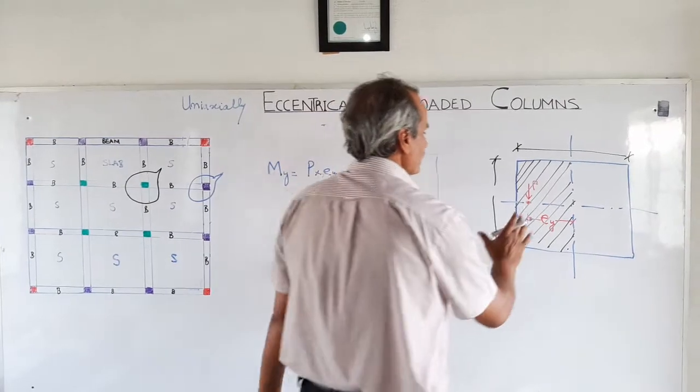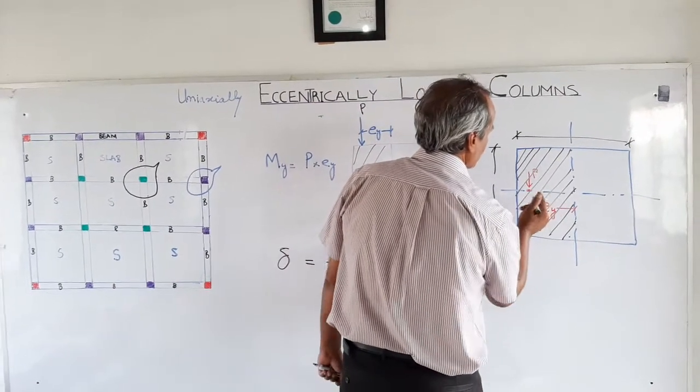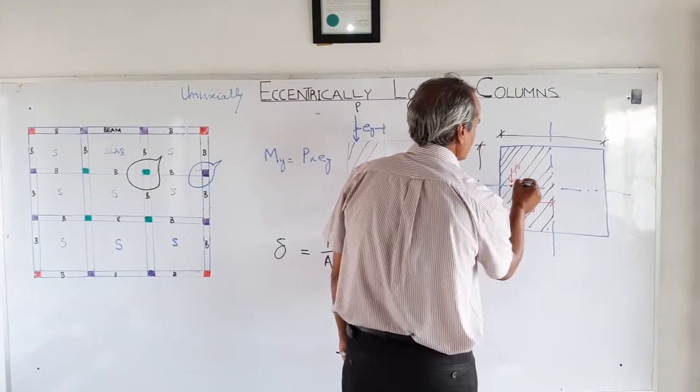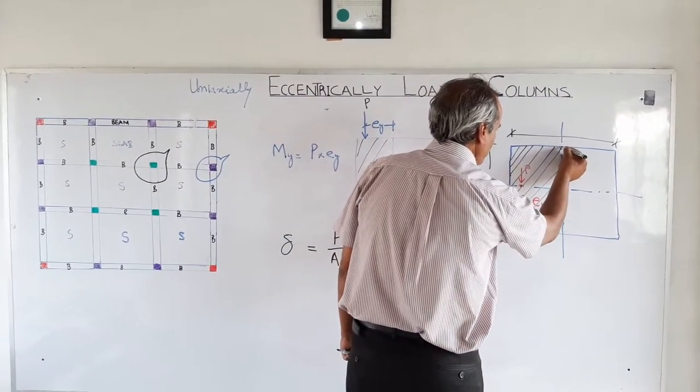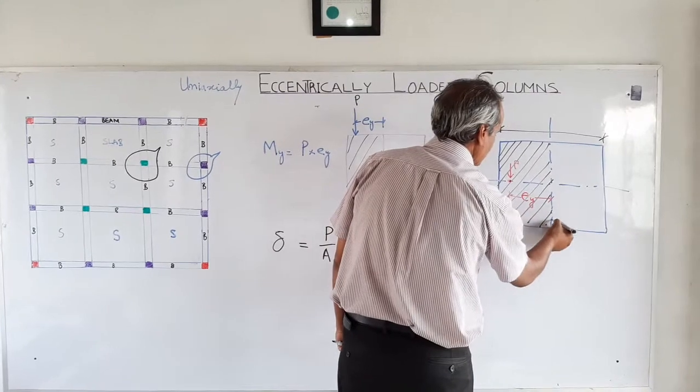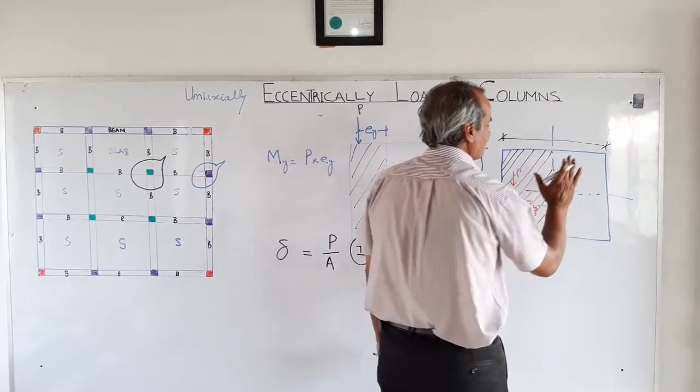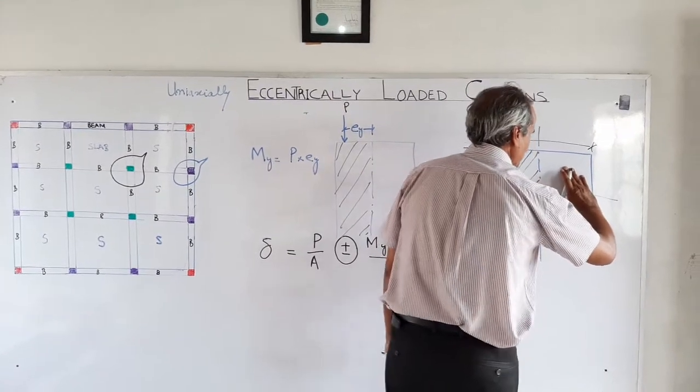Alright. Over here you see that the load is acting at this point, and this load is trying to bend the whole of the column over here in a compressive manner and causing a tension in this one.